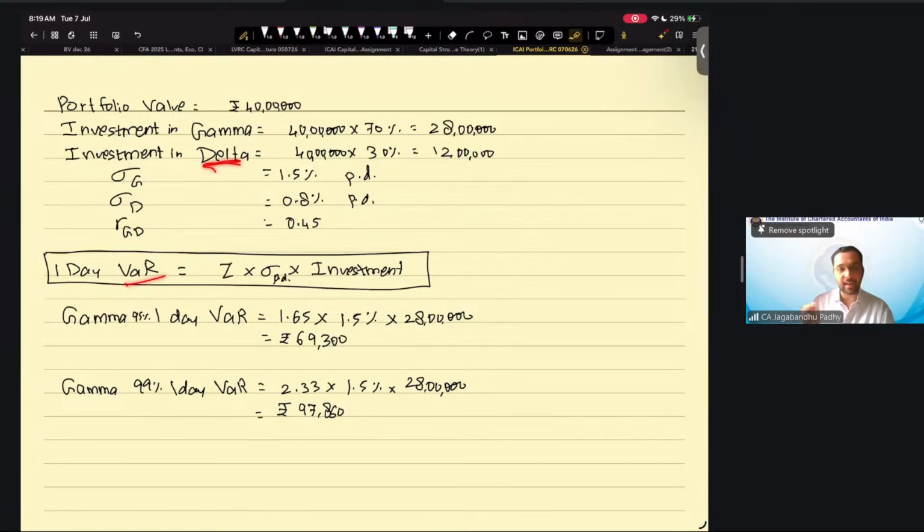Now, on similar lines, can you calculate the value at risk for Delta? Can you calculate the value at risk for Delta, guys? You have all the information. You have the investment over here. You have the standard deviation of Delta, right? And we also have the Z score. So can we calculate it for stock Delta?